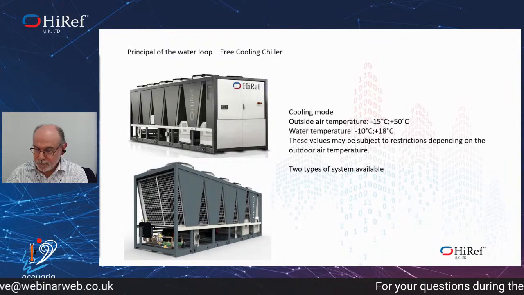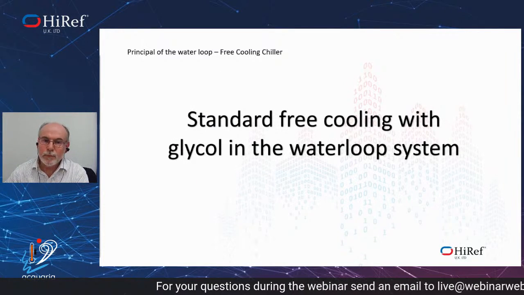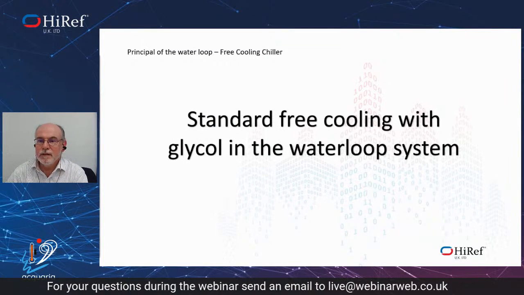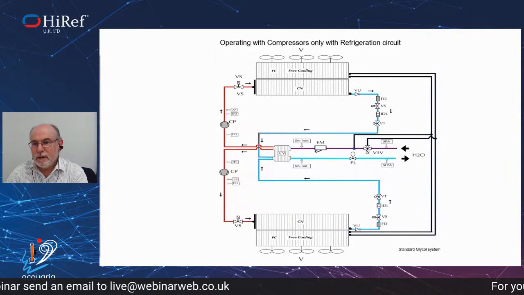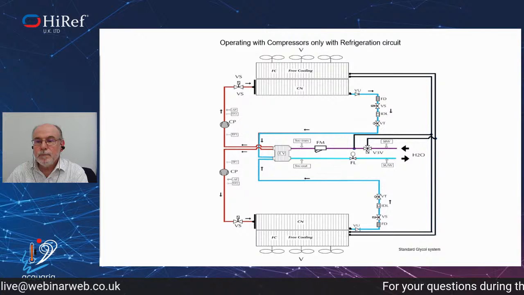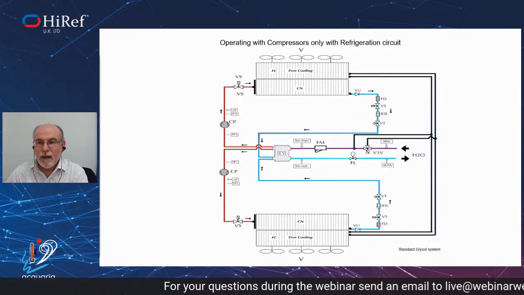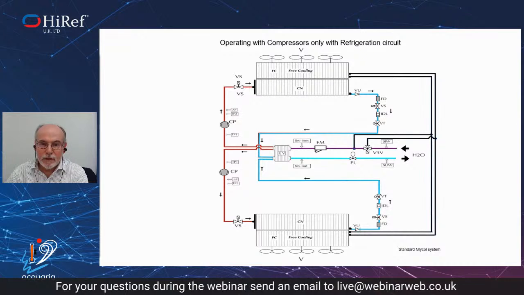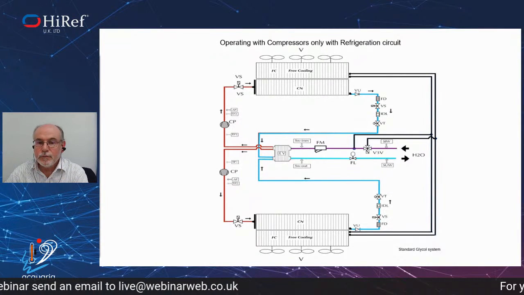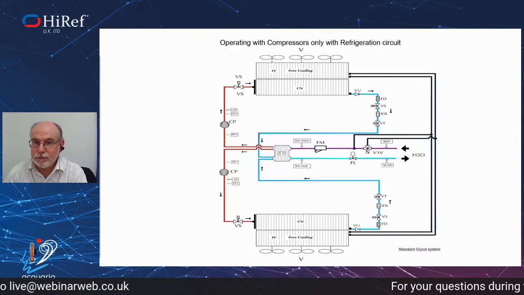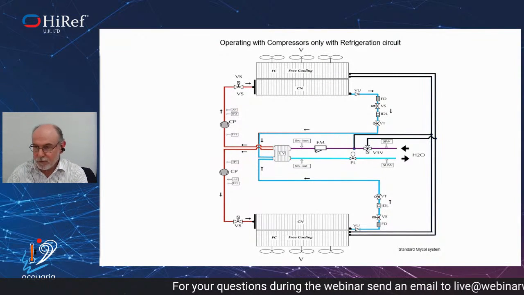But there's two types of free cooling. One, same as with the Tricooler, where you've got glycol in the water loop system. So you end up with water going through the free cooling coil and then coming back through the heat exchangers, and then the air goes through the free cooling coil before going through the refrigerant cooling coil.